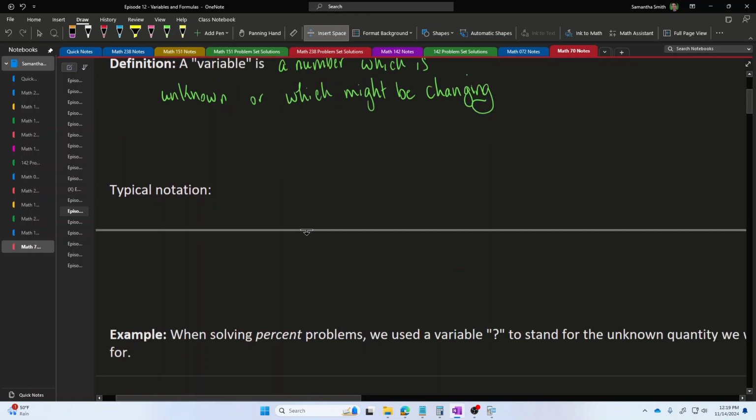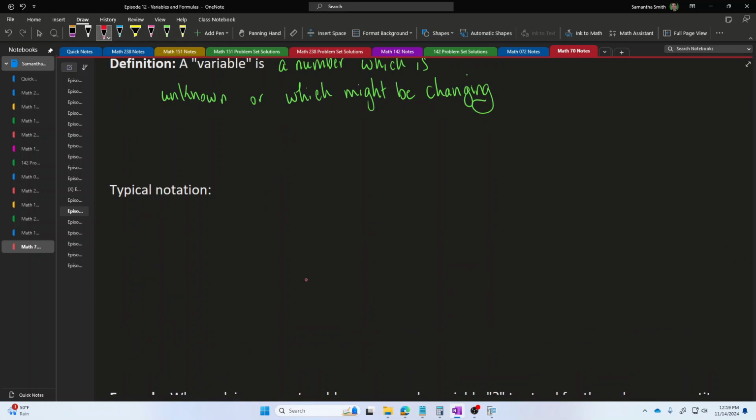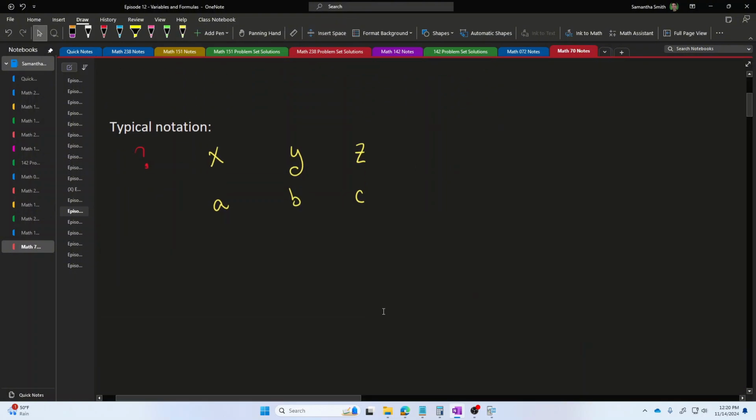Now, when we were doing percent problems, we used question marks to represent unknown numbers. But it's also common in mathematics to use letters from the alphabet to represent unknown values. For example, you might see X or Y or Z sometimes. You might see A or B or C sometimes. If you're working with a real life problem, you might see letters that stand for physical quantities.